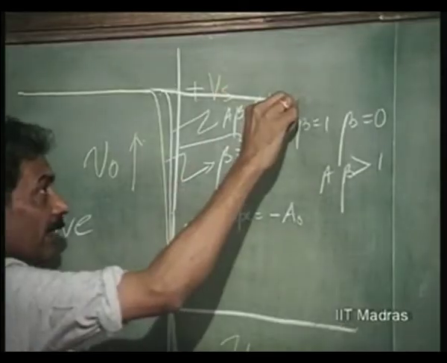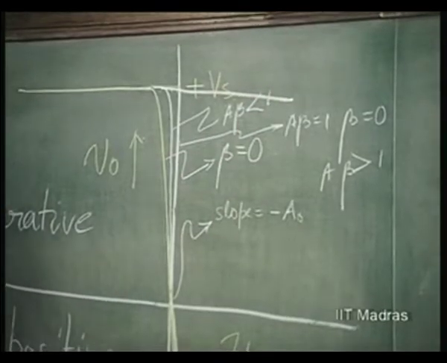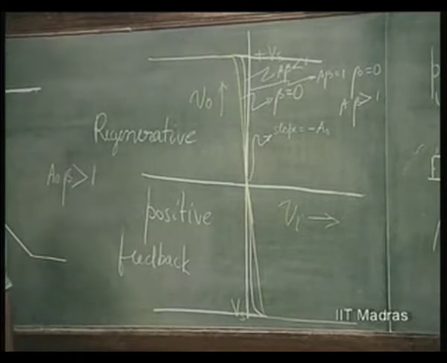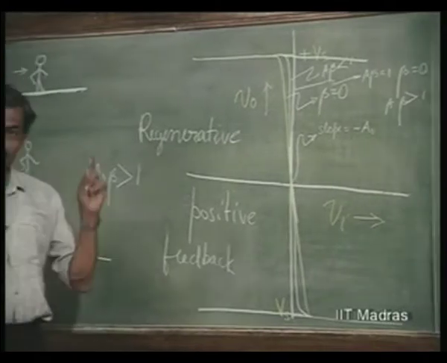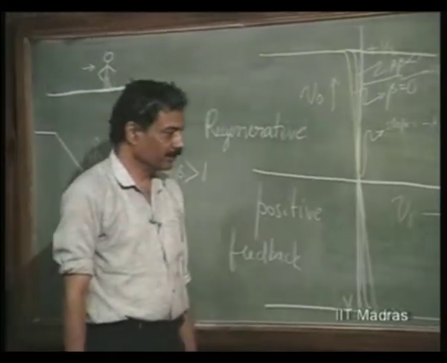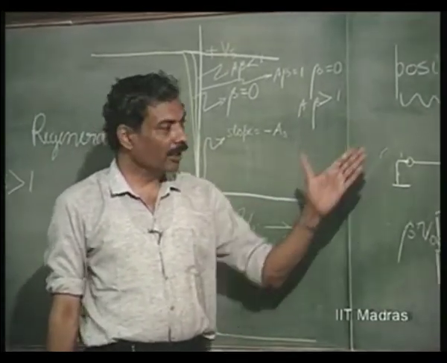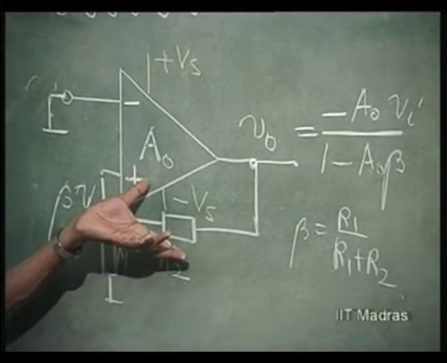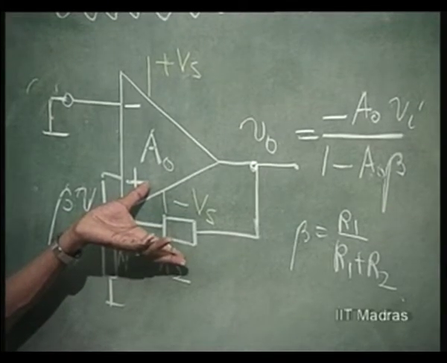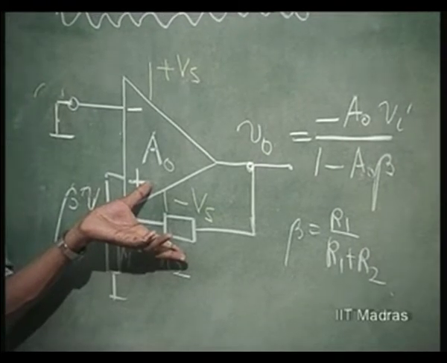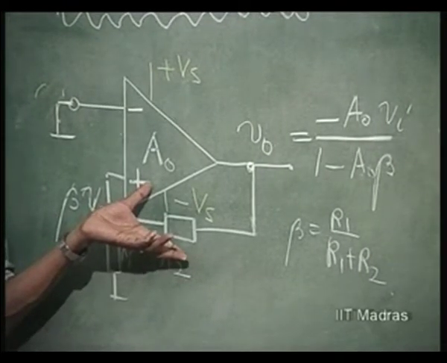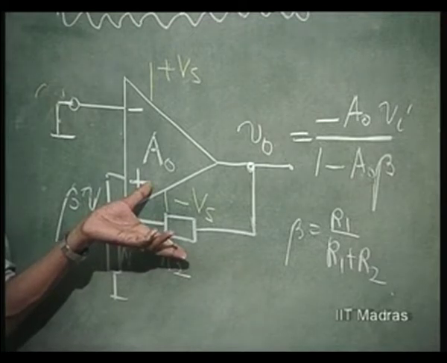Let us consider that A beta is very much greater than 1, but it is regenerative positive feedback. Now we will discuss it in this manner. What I am saying is, as long as Vi is 0, output of such a regenerative feedback network can only be in two states, either plus Vs or minus Vs. In the case of positive feedback with A beta less than 1 or negative feedback, output is equal to 0 when input is 0.